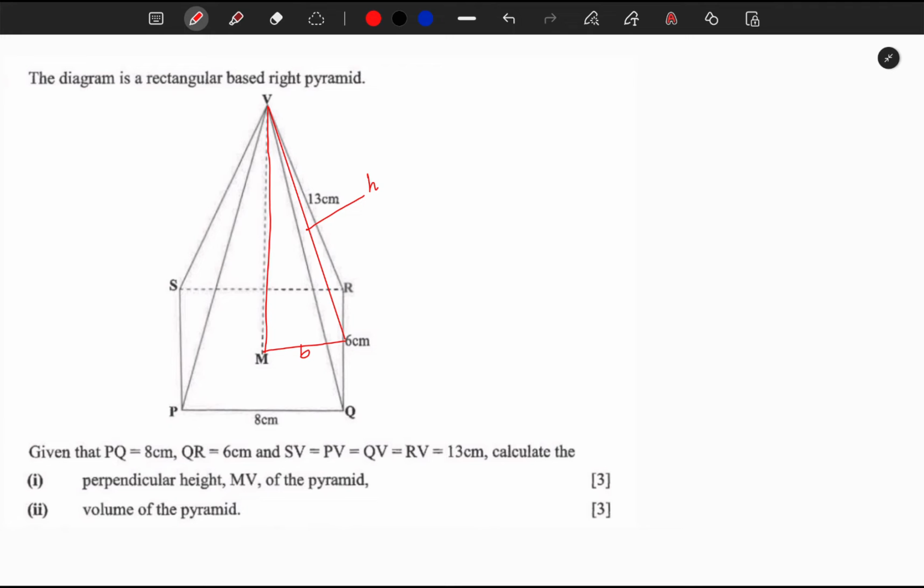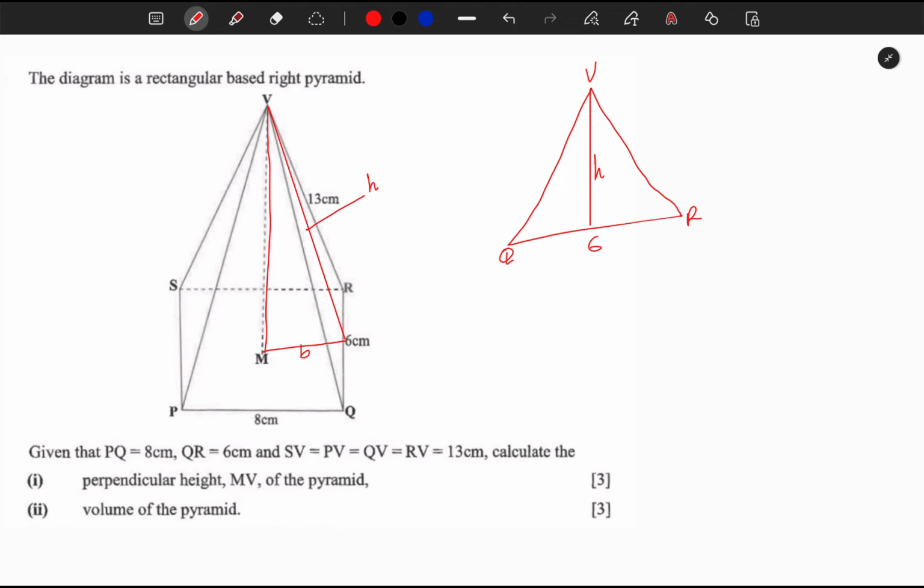Now, if I remove VQR, take note, VQR is like this. We've got Q here, got R here, and we've got V. This height which I've drawn is coming like this. And here is 6.